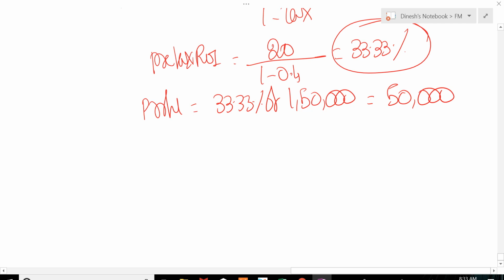Sales is equal to cost plus profit. Get the sales value and the selling price.